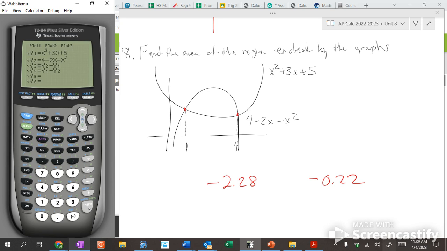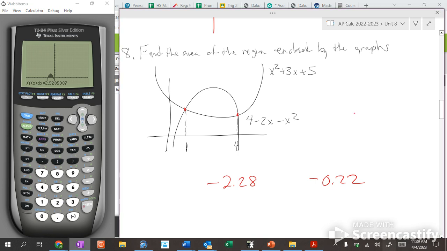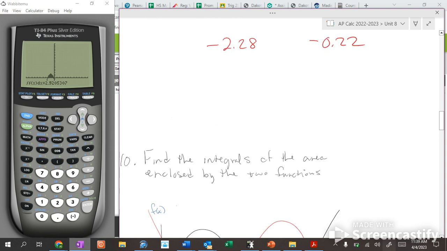Y2 is my top curve, so I want to use this one. So second trace 7, let it graph. And then go negative 2.28 to negative 0.22. It'll fill it in and give me 2.92. Okay? Okay.